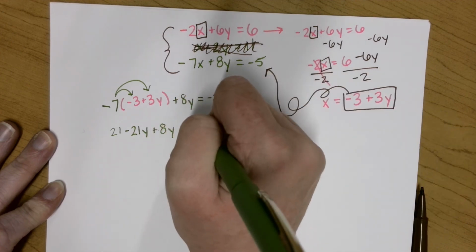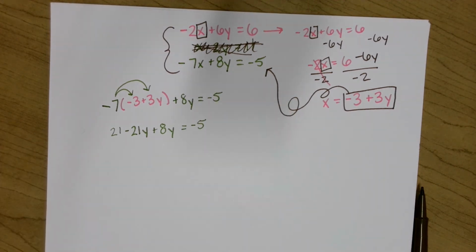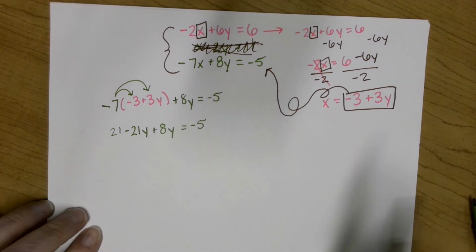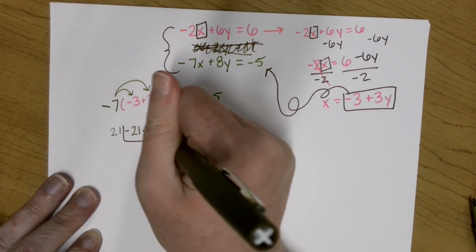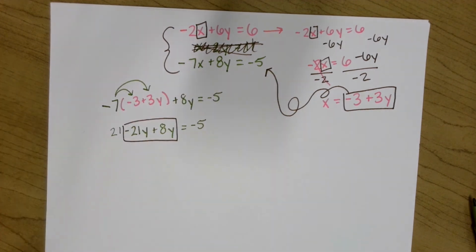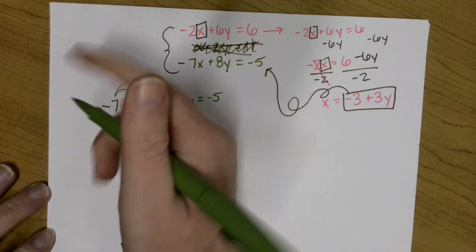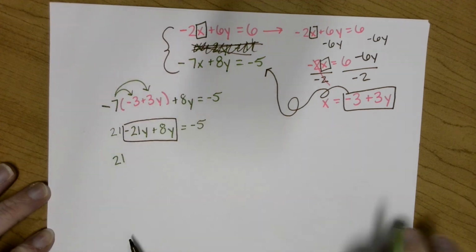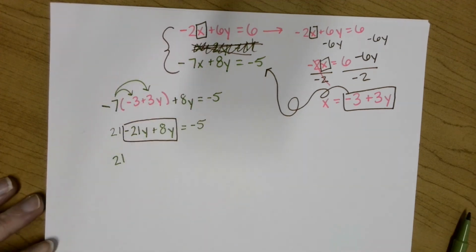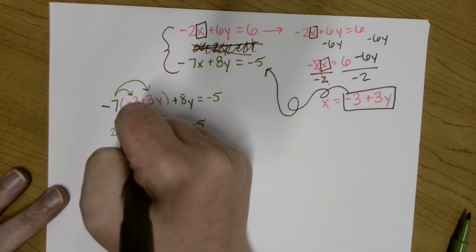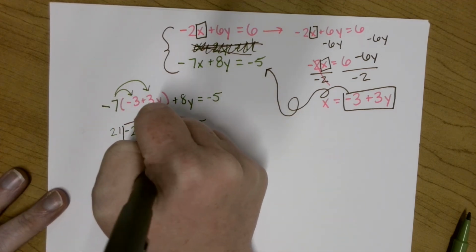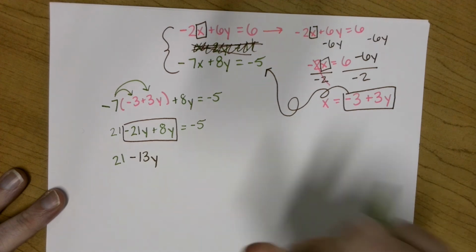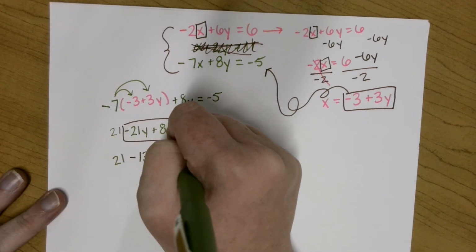equals -5. All right, so I'm going to combine like terms. I've got -21y and 8y. So I'm going to bring down that 21. -21 plus 8 should be -13y. This is going to equal -5.